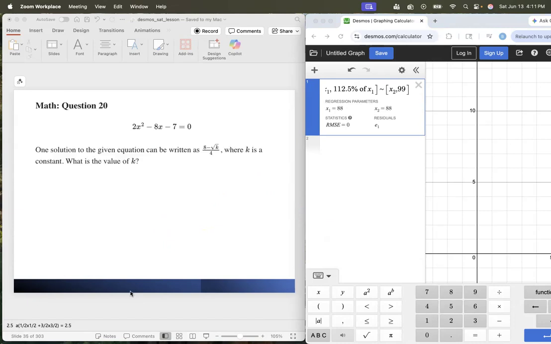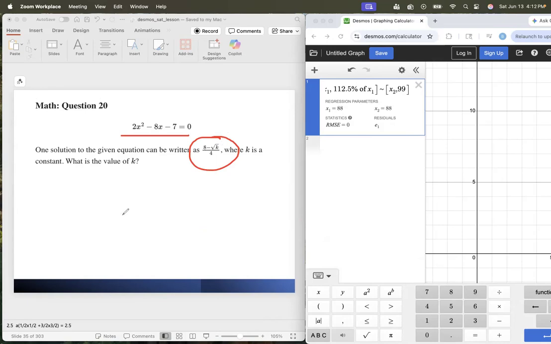Straightforward. In this equation, one solution to the given equation can be written in this form, where K is a constant. What is the value of K? I'll show you something. Whenever the SAT gives you one solution in this form, it's telling you that you cannot factorize it. That's number one.